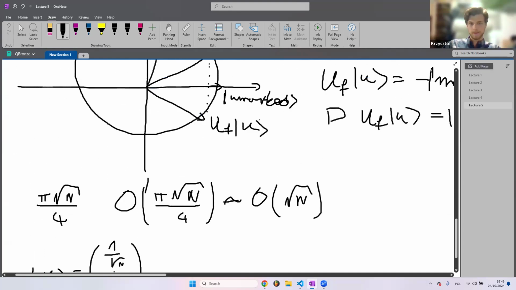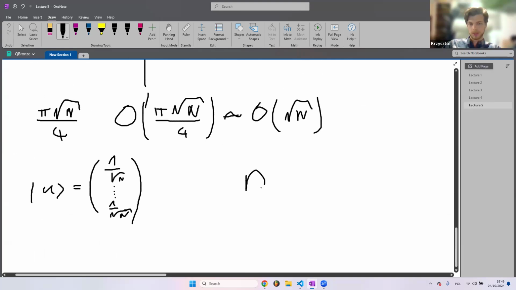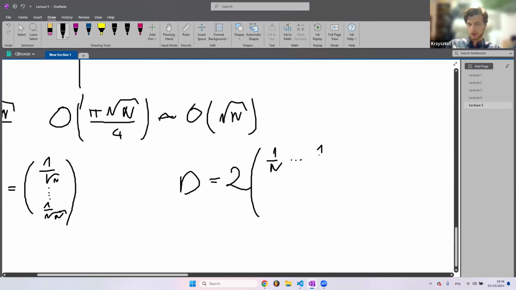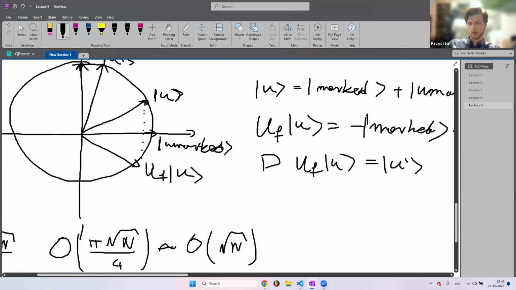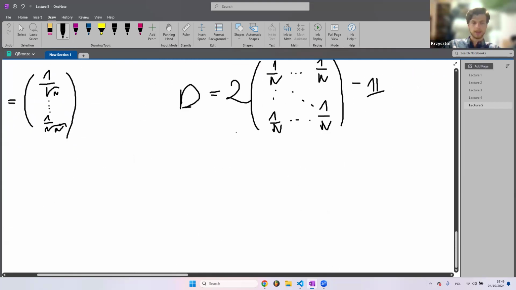So the matrix form of D is 2 times the matrix with 1 over n in every entry, minus the identity matrix. And now I will try to prove to you that this matrix actually does what I say it does.